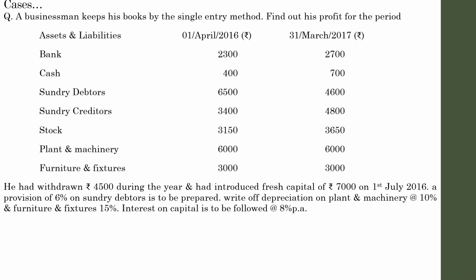Before we go further into the computation, what is the aspect that has to be identified in this question? That is, you have to find the profit. In order to find the profit, what do you have to prepare?